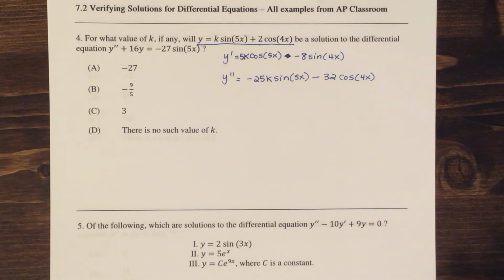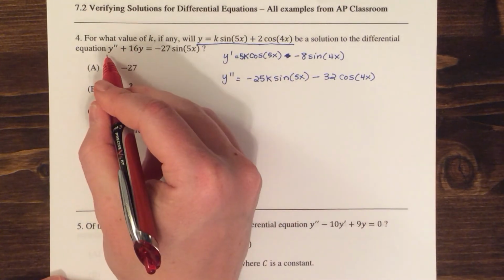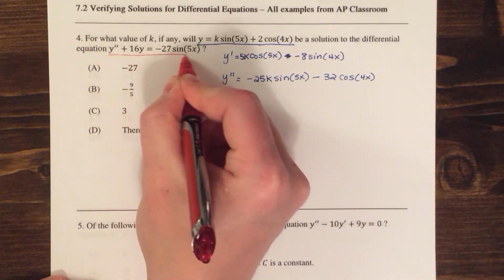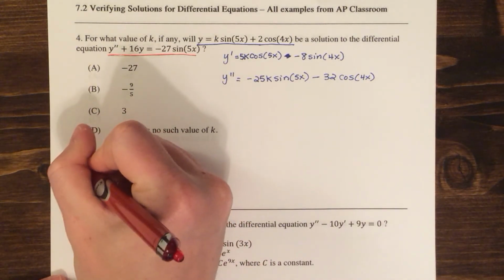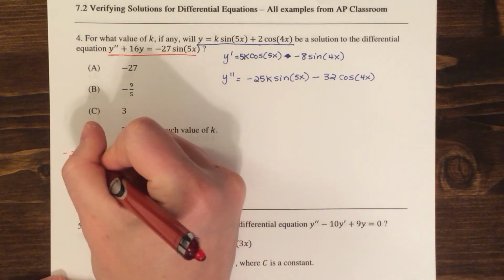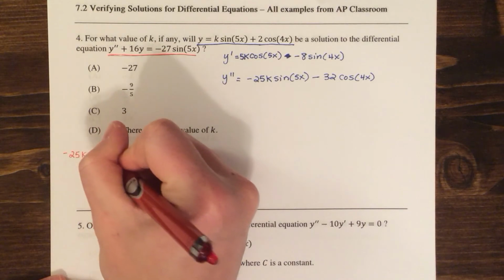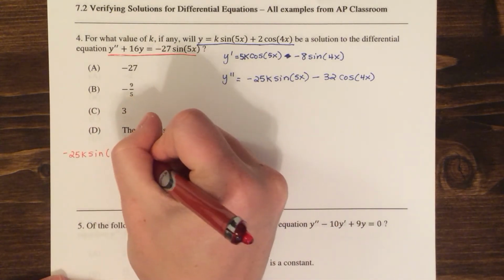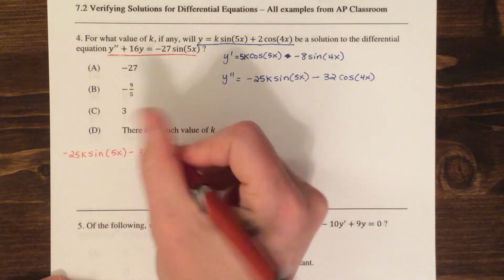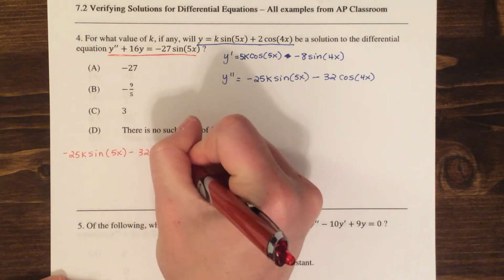Okay, and so that is going to help us plug in. So we have these two things that we're going to plug into this equation right here. So y double prime is negative 25k sine of 5x minus 32 cosine of 4x.